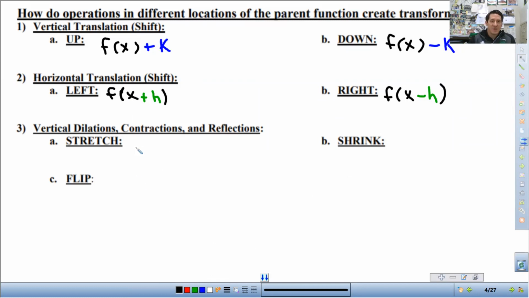All right, and then the stretch. You need to multiply by a value, A, that needs to be greater than 1.